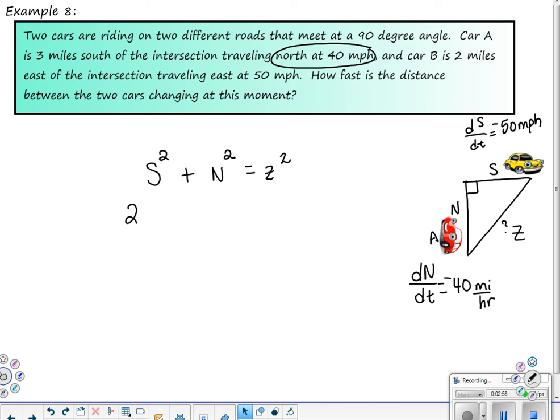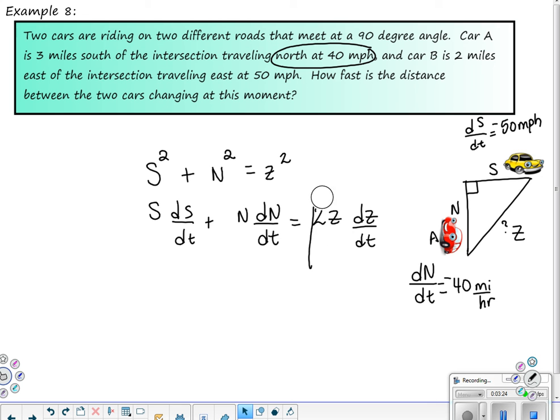Let's do our derivative: 2S dS/dt plus 2N dN/dt equals 2Z dZ/dt. And noticing that they all share 2's, let's divide every single term by 2, just to make this a little bit simpler.